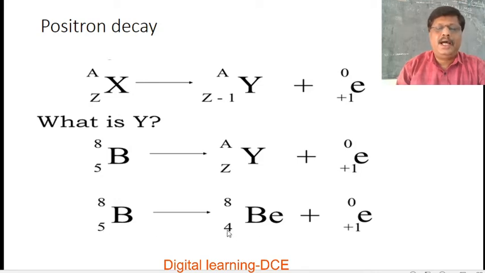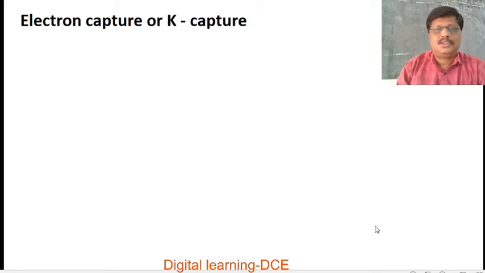Here the number of protons is less in beryllium; boron is rich in protons. Therefore, a proton in the boron is converted into a neutron in the beryllium. So the 3 neutrons become 4 neutrons, giving beryllium plus a positron.